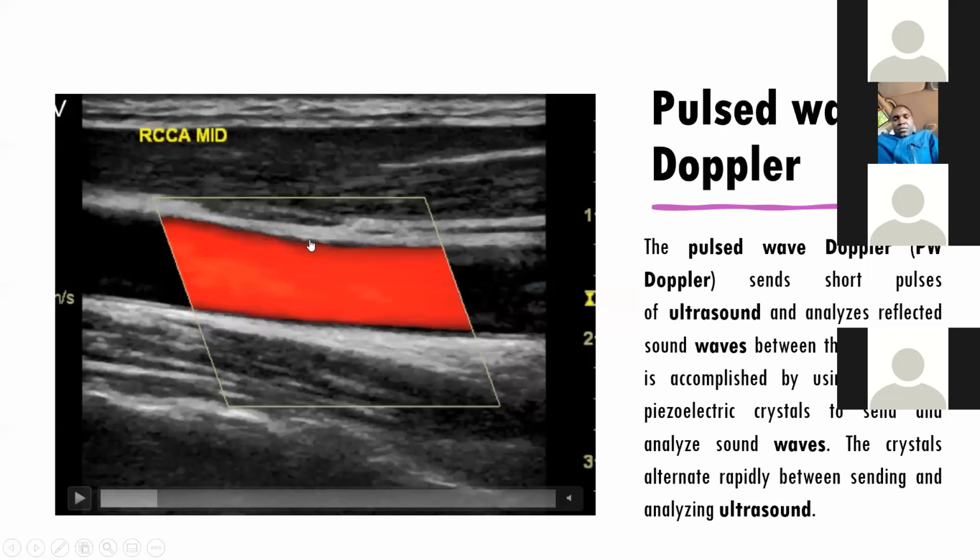But beyond this vessel you don't see any color because no flow is here. Color Doppler can produce color where flow is present. So this is a blood vessel and flow is there, that's why it is producing color. But beyond this blood vessel no color is there because there is no flow here. Okay, let us see next.